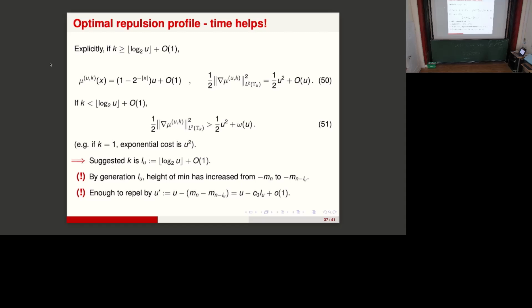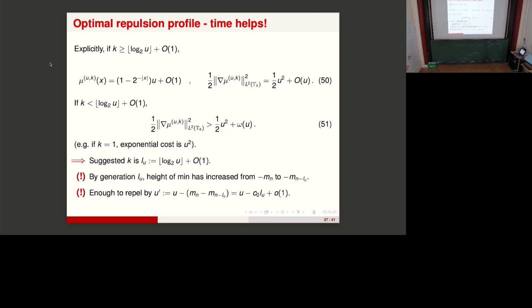And then let me look at two cases. So k is a generation where I have the field at u already. So if I do it after log_2 u many generations, floor of log_2 u, it has to be an integer, then indeed the harmonic extension looks like this.